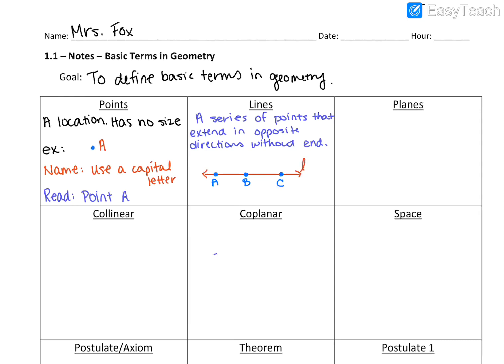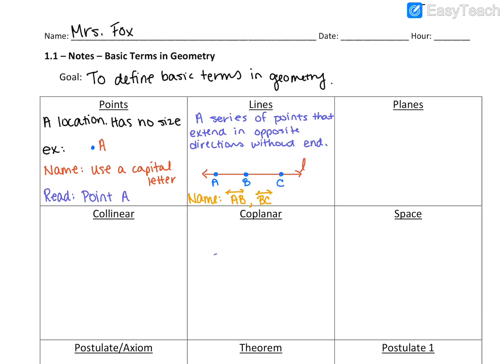Okay, so the way we would name this, we're going to write a couple options here. We could name it line AB. And the way that we denote this is we put a small line with the arrows on both ends over AB. You could name it with another 2 letters, so BC.